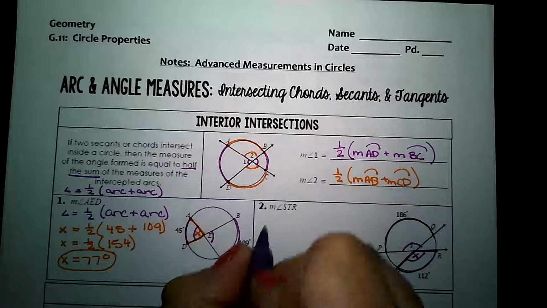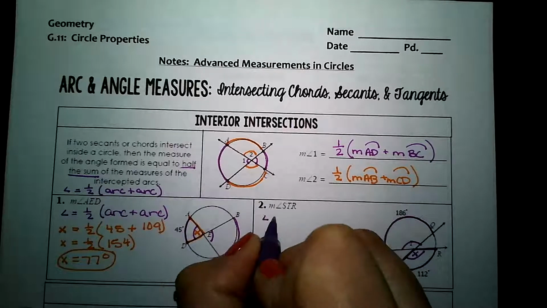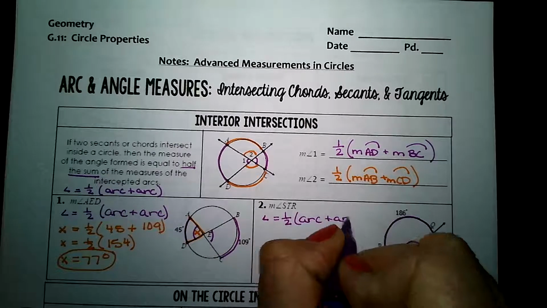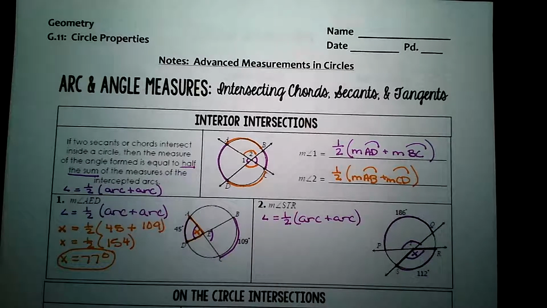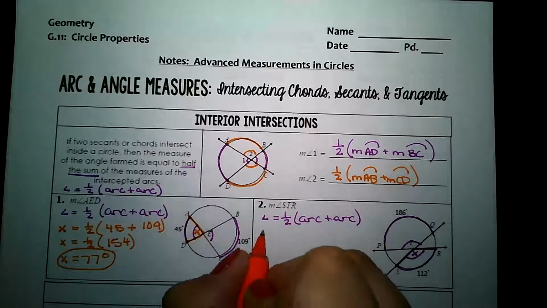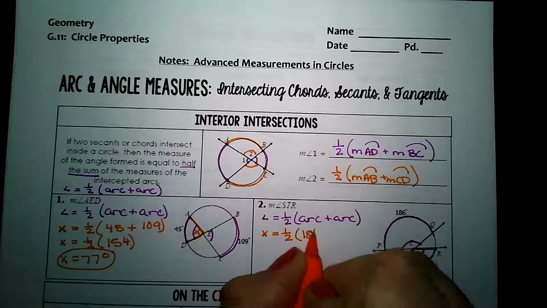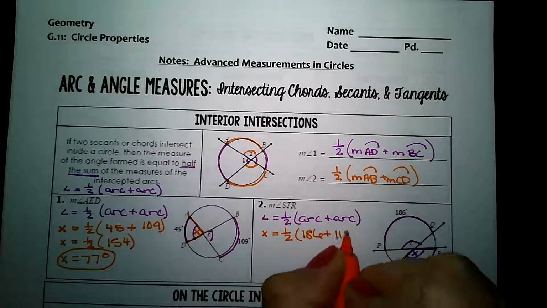So let's look at our formula. Angle is equal to half of the sum of two arcs. I'm looking for the angle, and the two arcs are 186 degrees and 112 degrees.